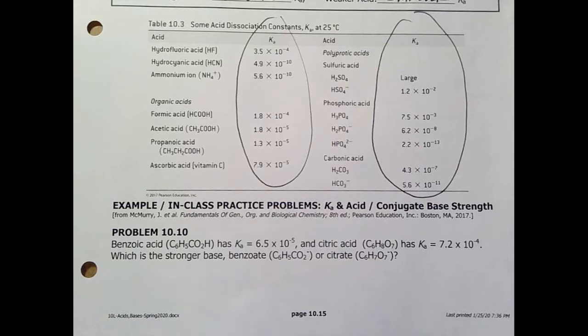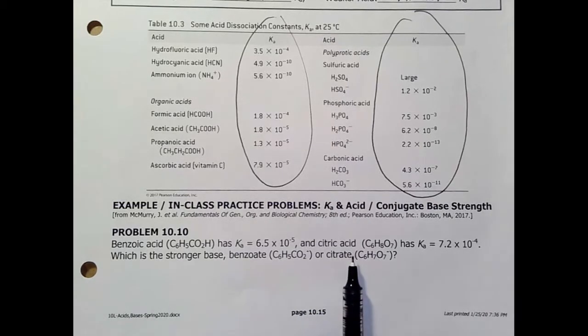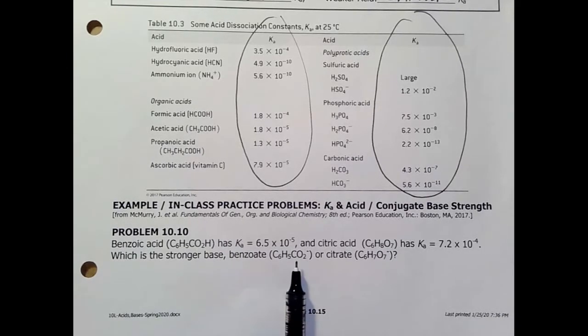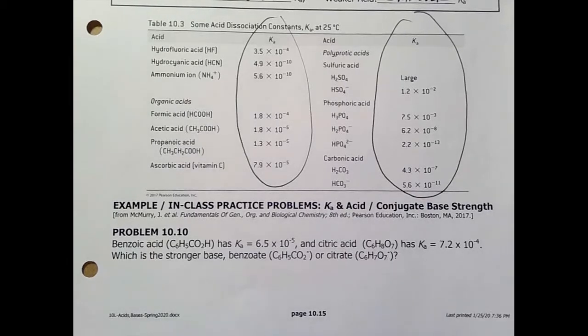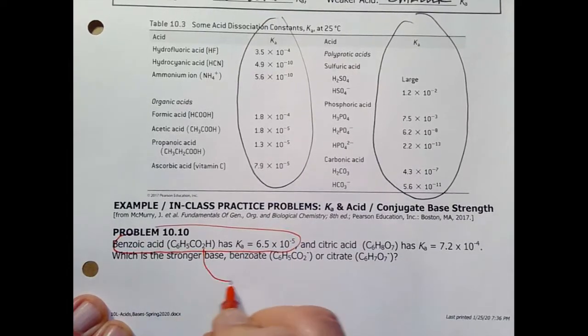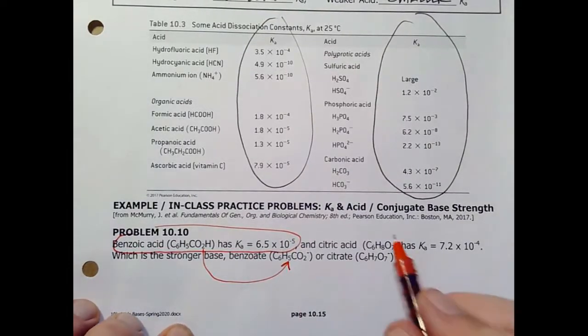And there's a problem here at the bottom of the page. It says benzoic acid, Ka, citric acid, Ka, and then here is the conjugate base for benzoic acid and the conjugate base for citric acid. So I don't know anything about those bases, but there's my benzoic acid, Ka. There's its conjugate base.